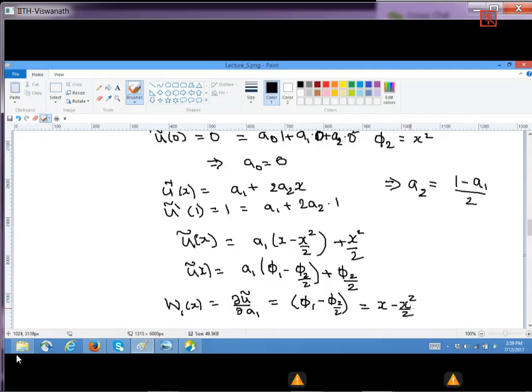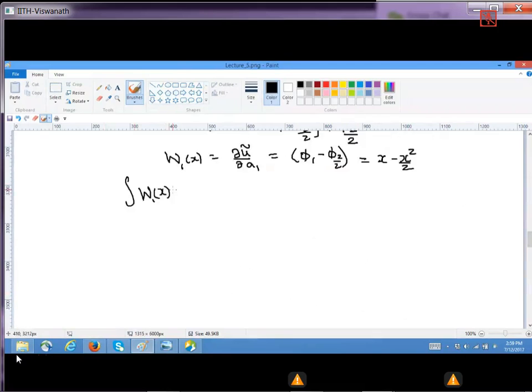With this as my weight, now in my method of weighted residual, I will integrate x minus x square by 2 into the residue, which is d square u tilde by dx square plus u tilde.